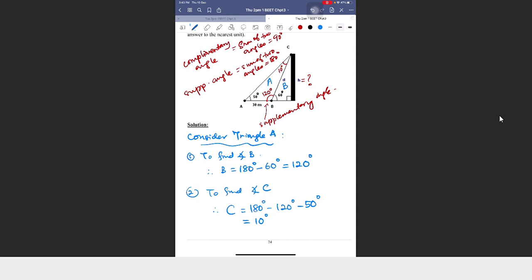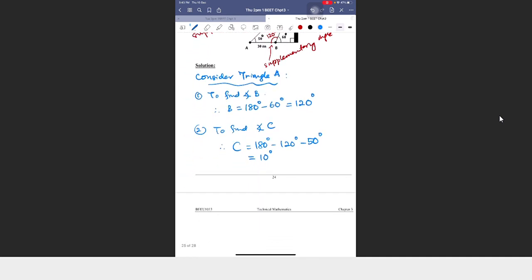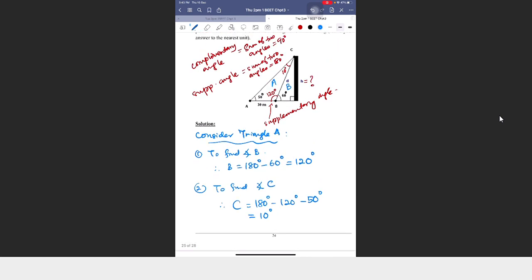Then our last step for this one is to find D. D is this length. So we can use the law of sine. How do we establish our law of sine for this?